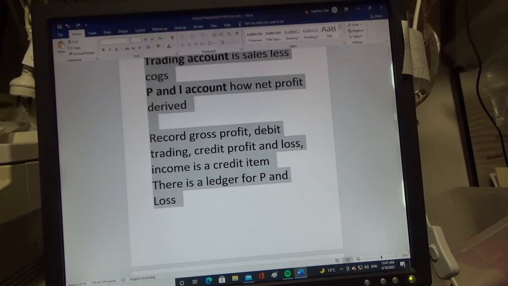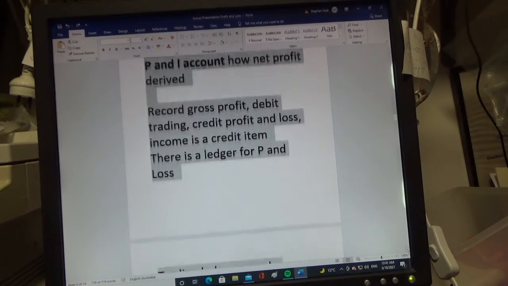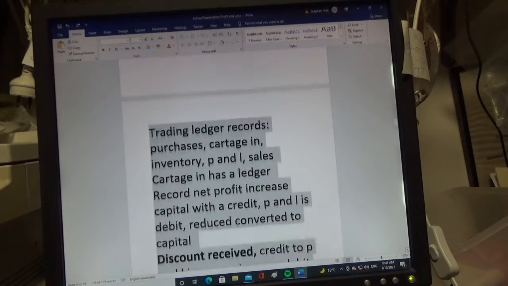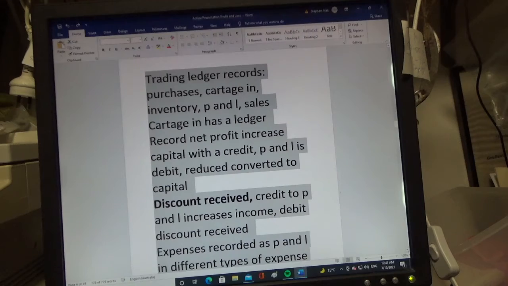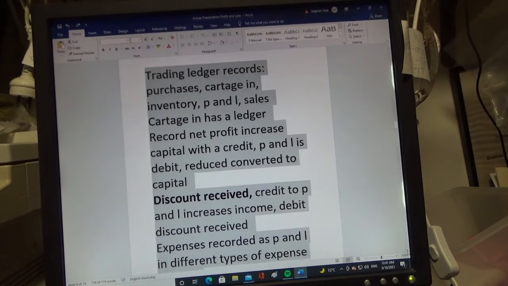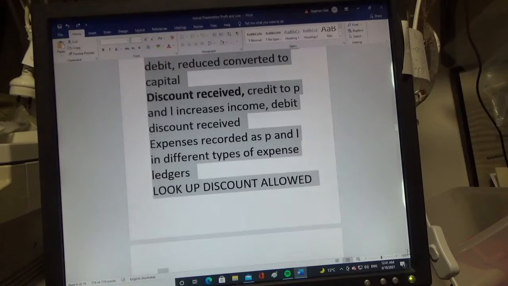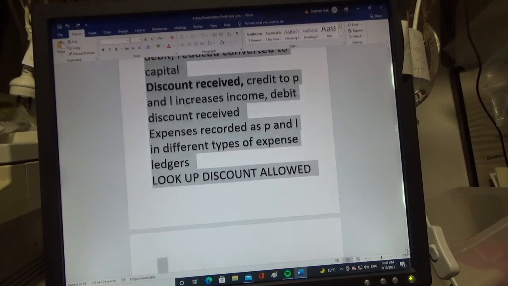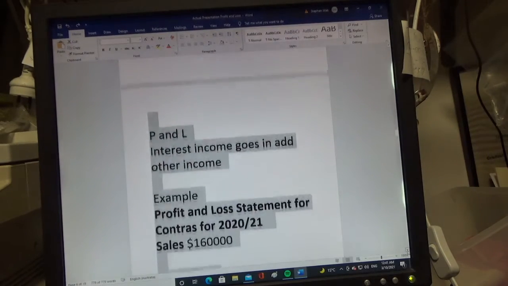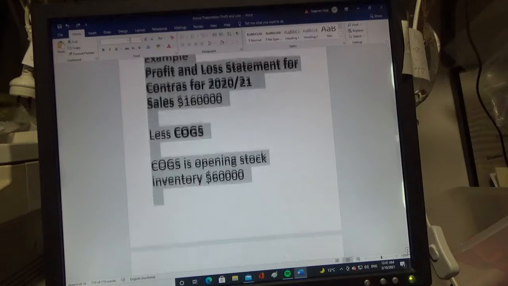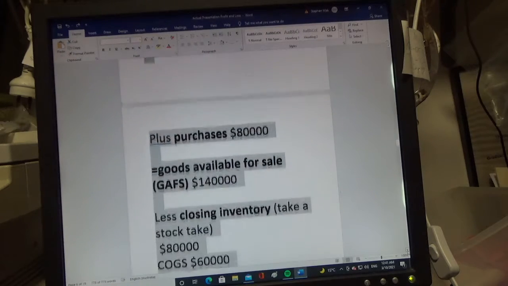We've clarified the difference between the trading account and the P&L account. In the trading account, it's all your COGS items and your sales at the top of the P&L. And I think we're just about getting there.